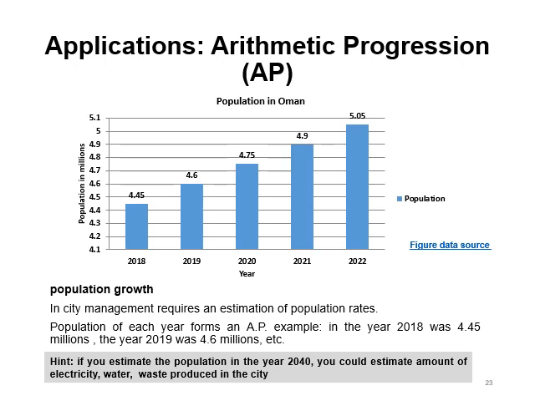Another example, Oman population, okay. You can see here 2018, 19, 20, 21, and the prediction for 2022. And these are the values in millions, okay? Now, you can see here, the bar chart is almost uniform.